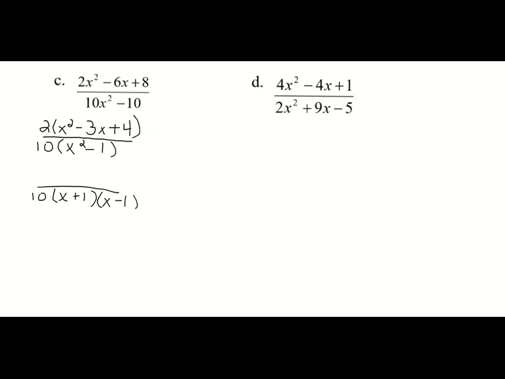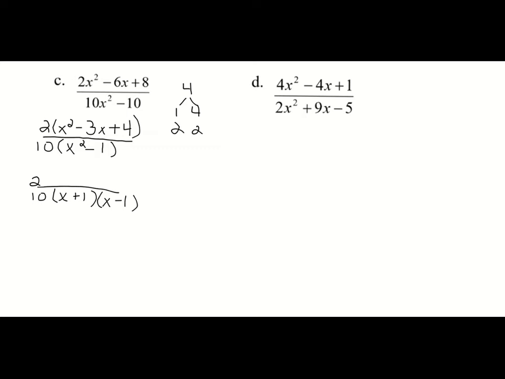All right, now on the top, I pulled out a 2. This x squared minus 3x plus 4. It looks like it should be factorable. Let's try it. So my C value is 4. My factors of 4 are 1 and 4, 2 and 2. But I need a negative. I have a negative and a positive in that order.